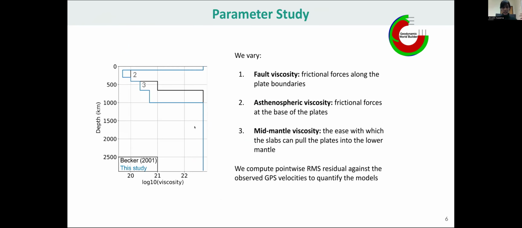Additionally, we have another layer with respect to Becker's profile, and that is the mid-mantle viscosity, a layer that extends from 660 kilometers until 1,000 kilometers. We introduced this layer because when we did our initial test, our slabs were not able to transfer all the pull to the surface, and they got stuck. So we vary these parameters, and it describes how easily the slabs can pull the plates at the surface. And to quantify our models, we use RMS velocity residual, and that's also a post-processor in ASPECT.